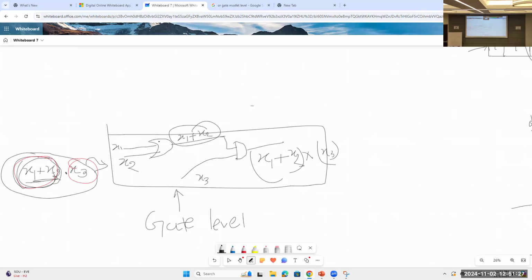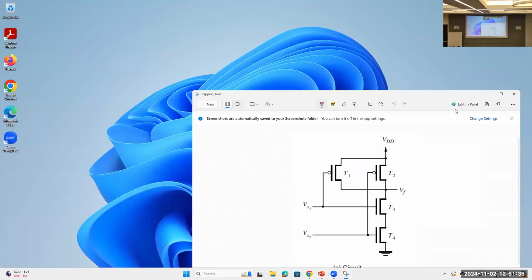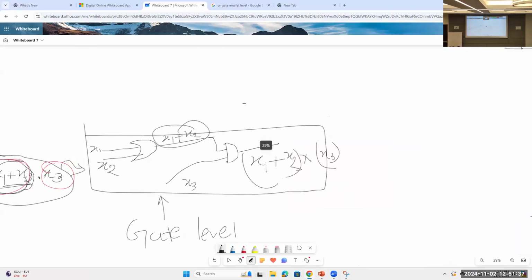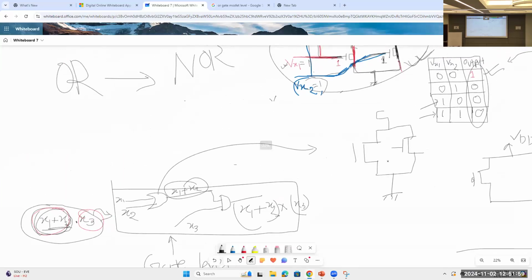We already know how to implement an OR gate. So we will just take these circuits. Suppose inside the OR gate, what is inside? There are several MOSFETs, NMOS, PMOS, whatever. What I'm drawing is simply an OR gate, something like this.